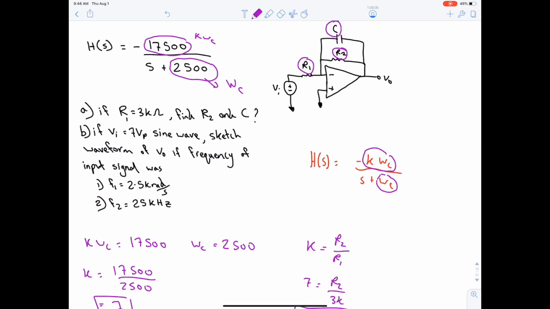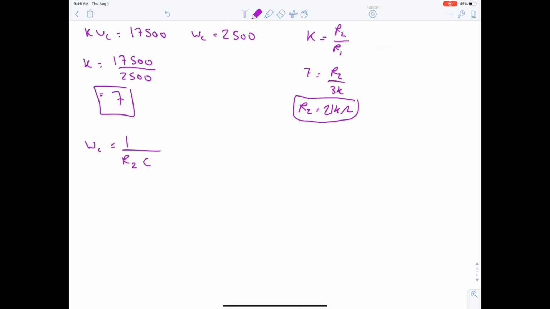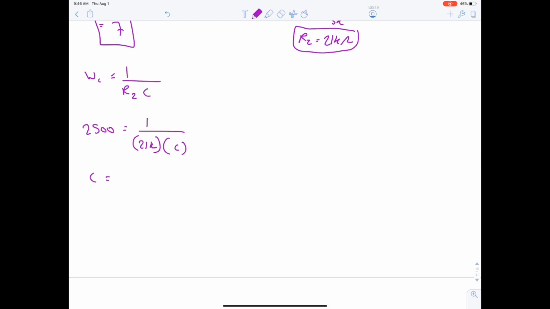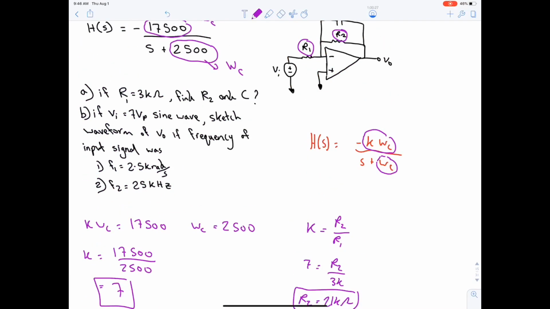Yes, it's 2500 from the question. So it's 2500, R2 is 21K, C is unknown, so let's find C, which will equal 19.04 nanofarad. That's C.